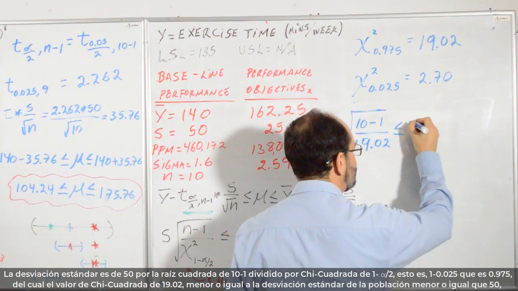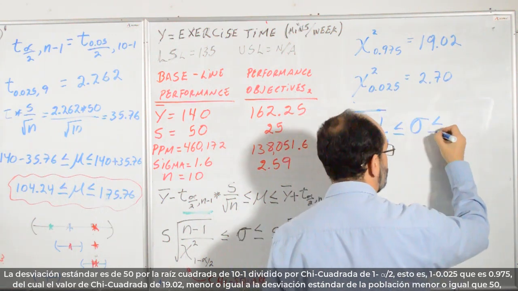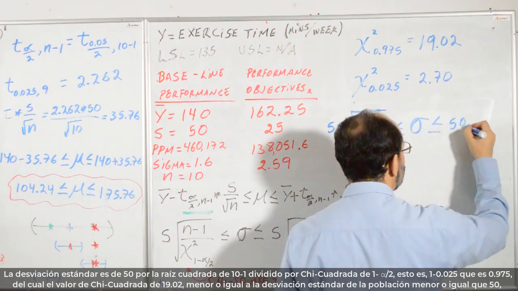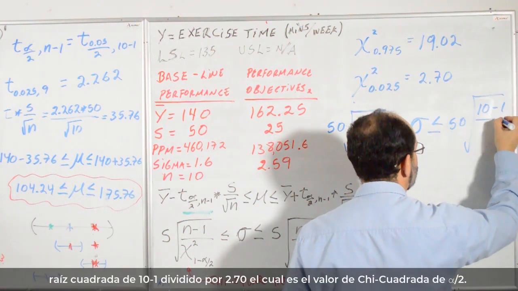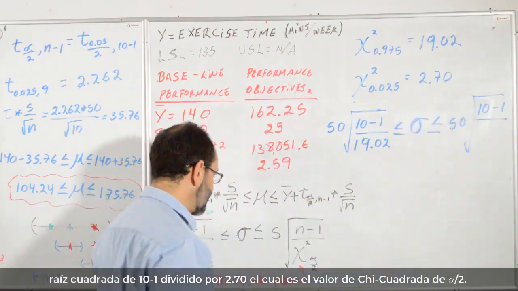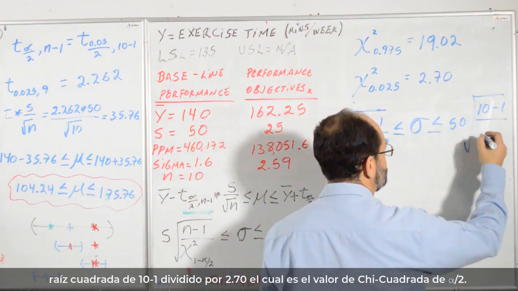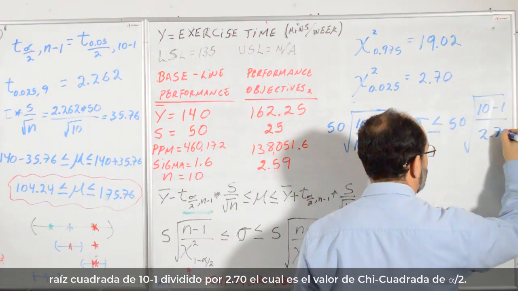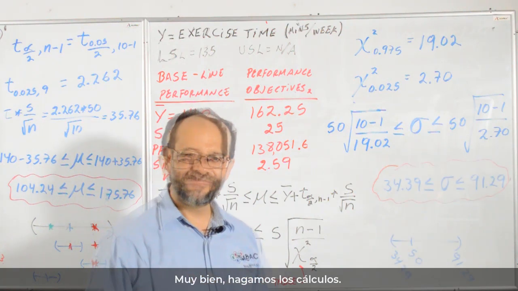This is smaller or equal than the standard deviation of the population, smaller or equal to 50 times the square root of 10 minus 1, divided by 2.7, which is the chi-square of alpha divided by 2. Okay, let's do the calculations.